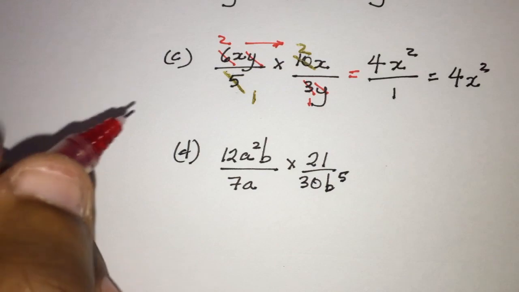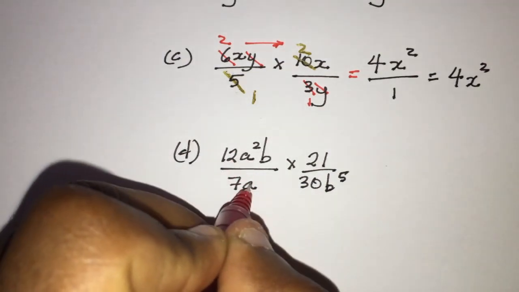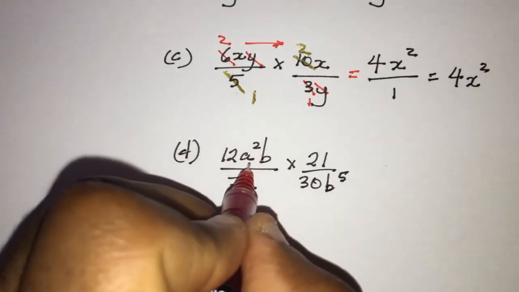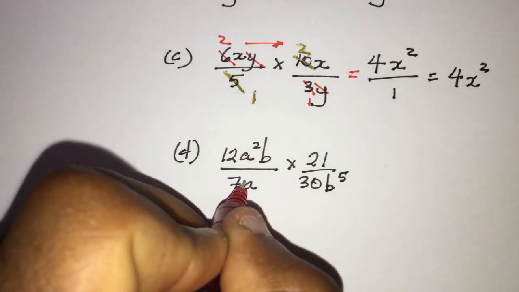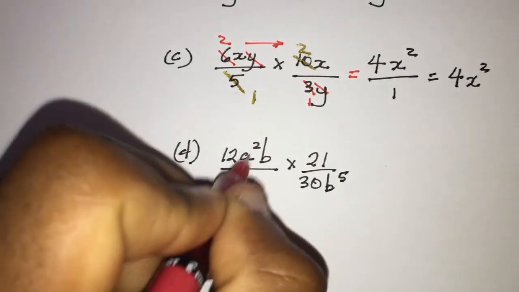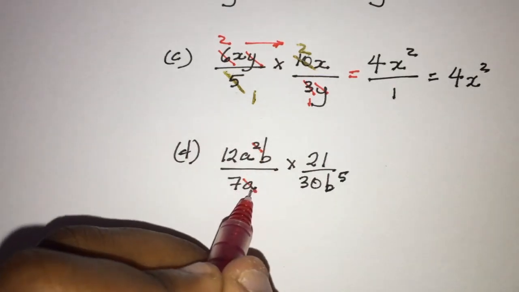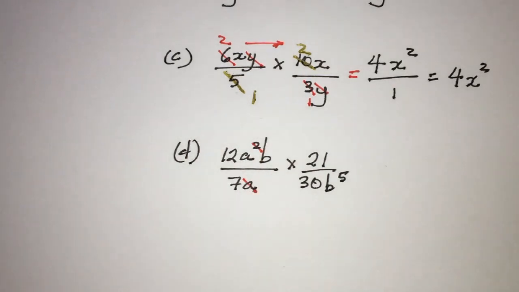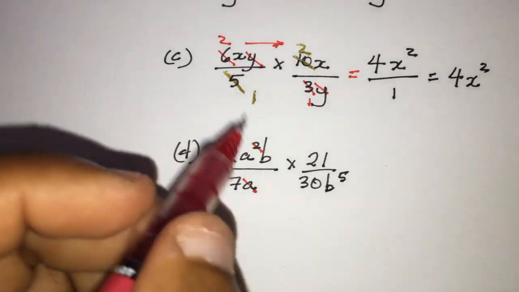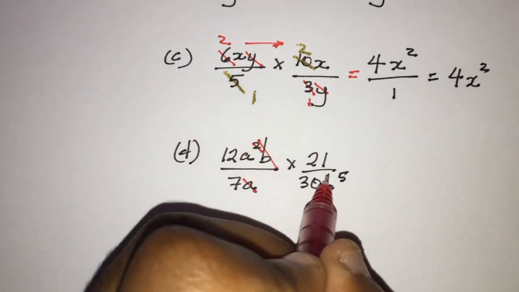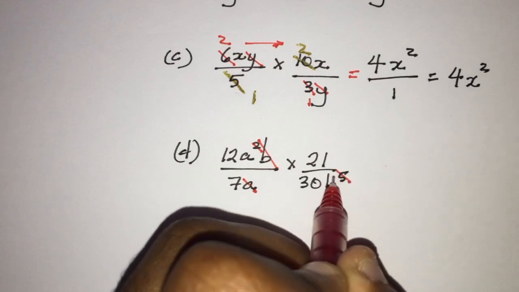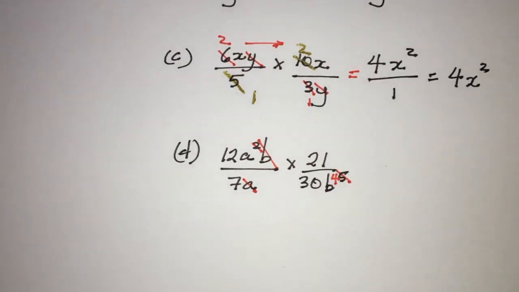Straight away, I can see that there's an a that is common, but remember that this a squared means a times a. So I can cancel 1a out of the numerator with 1a in the denominator. Let's check too. Oh, this b is common. I can cancel one of this b with one of these b out here. So I'm going to be left with 4 b's instead of 5.